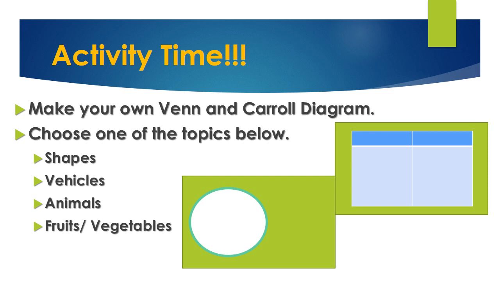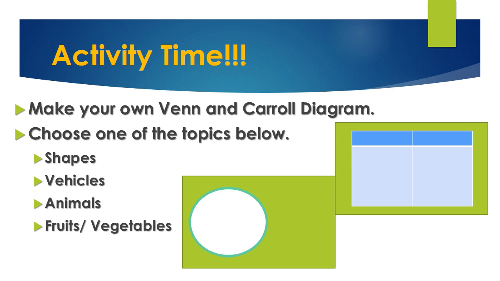You can have the motor powered vehicles and the man powered vehicles. We can have also animals. You can sort animals, or maybe let's try fruits and vegetables according to color or according to their sizes.